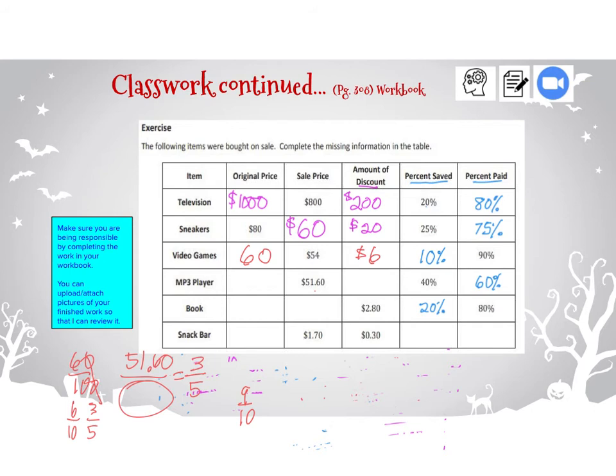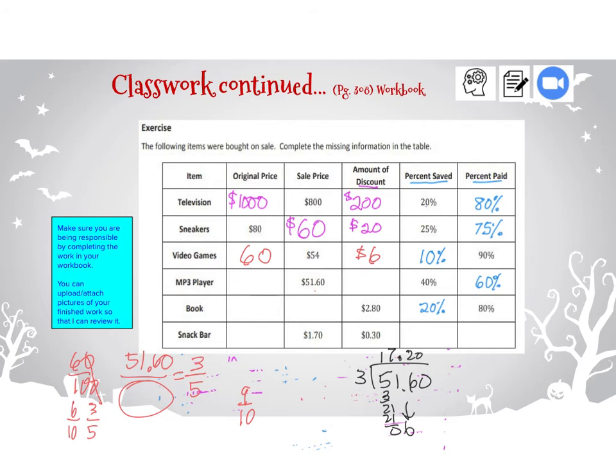It's not a very big eraser. Okay, so 3/5. Oh, I know what I was going to do. I was going to go 51.60 divided by 3. So 3 goes into 5 once, 3 into 21 is 7. Bring the 6 down. Make sure I do the decimal.